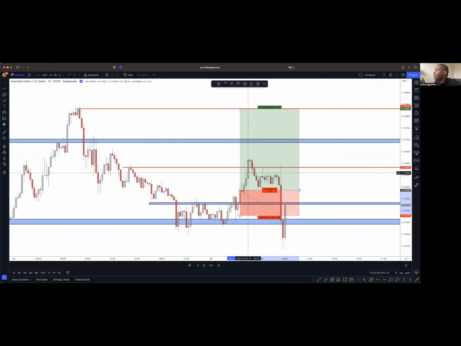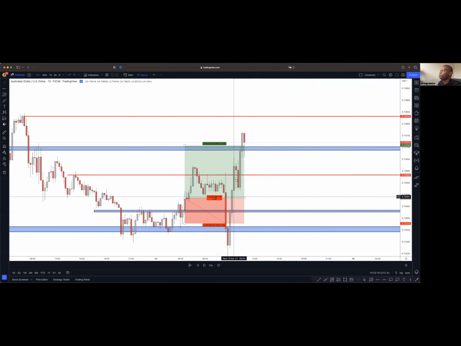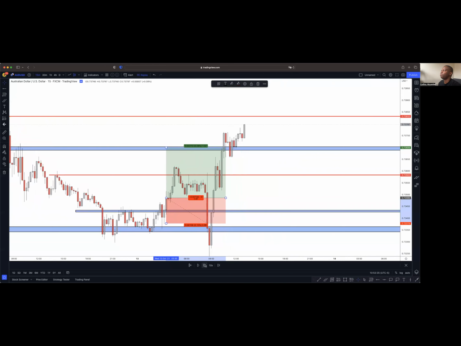That is why it's always important to secure profits at each level of resistance where price can possibly reverse on you. Possibly this might be news, but price still came back up and smashed TP. So you always want to secure your profits at each level so you don't get stopped out for no reason.